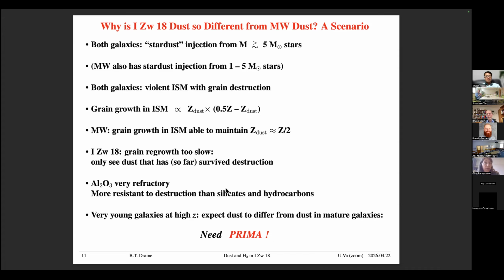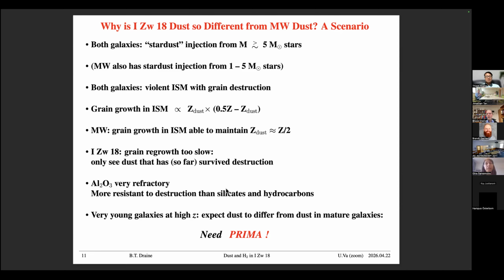We're looking at dust in a region where the starlight intensity is actually pretty high, right? We've got star formation going on here at the level of almost one solar mass per year, and it's not in a very big galaxy, and there's very little dust there. So the dust is not blocking the light from the stars.